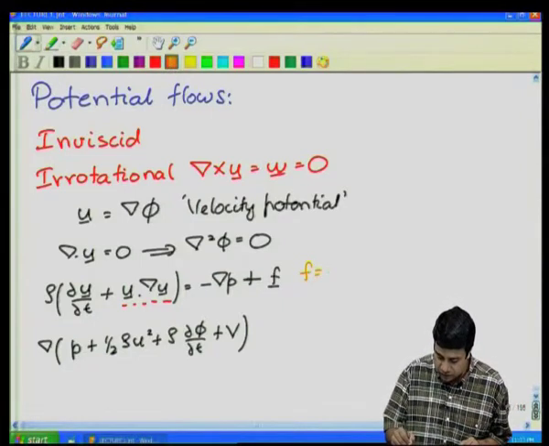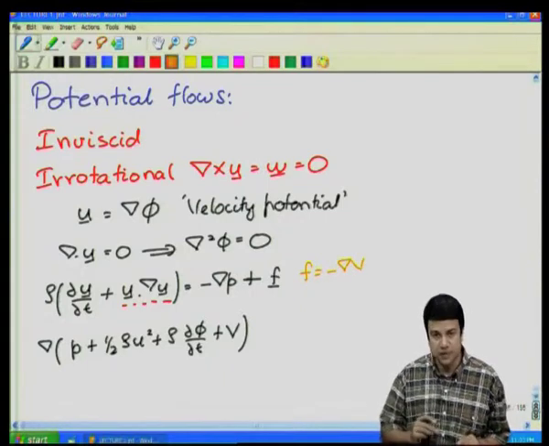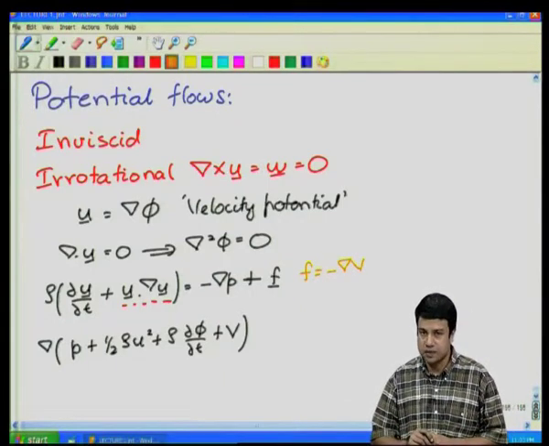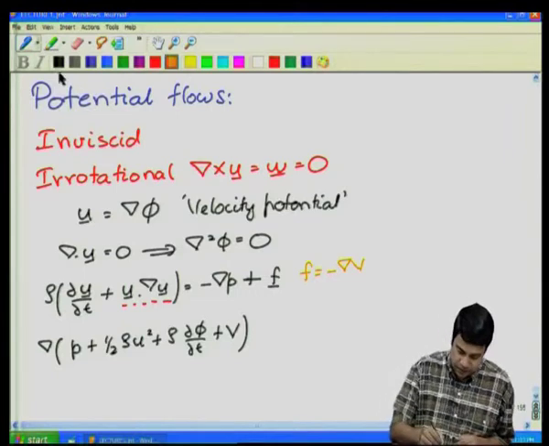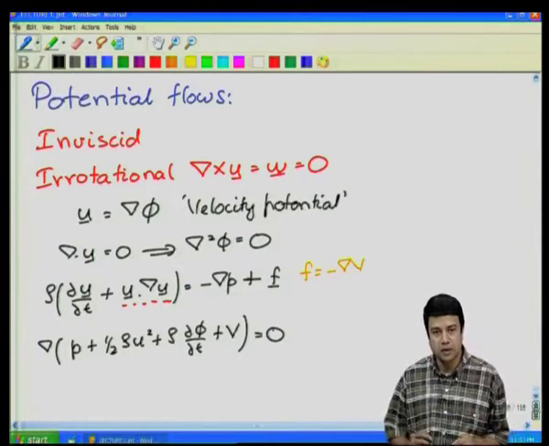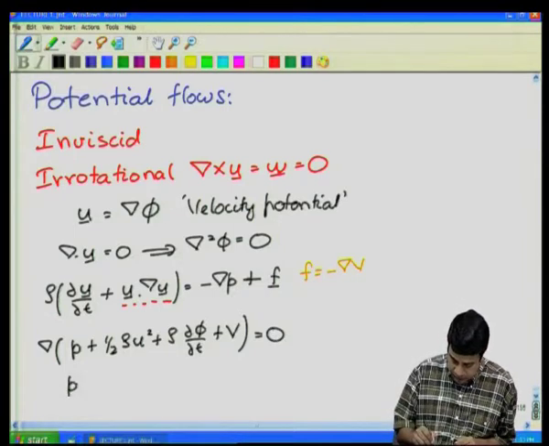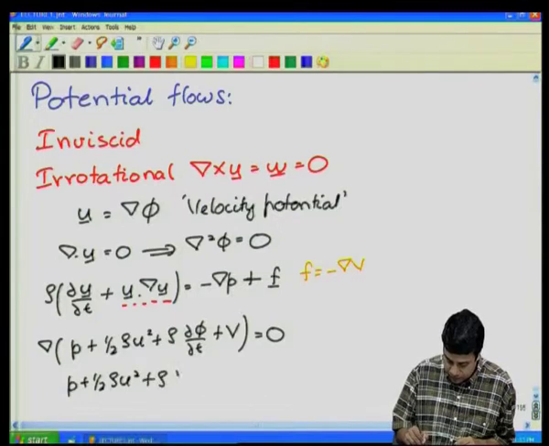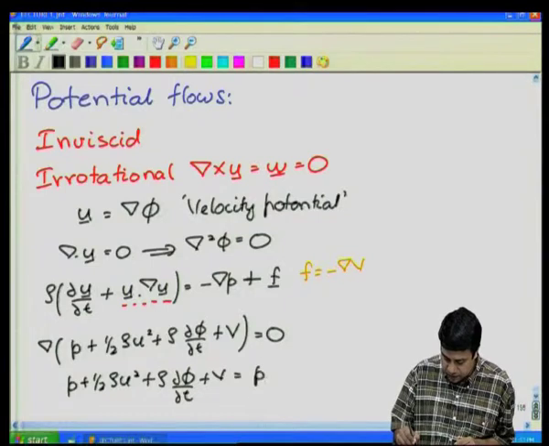So, it is a conservative force, F is equal to minus grad v. So, this whole thing is equal to 0, or p plus half rho u square plus rho partial phi by partial t plus v is equal to some constant p naught.